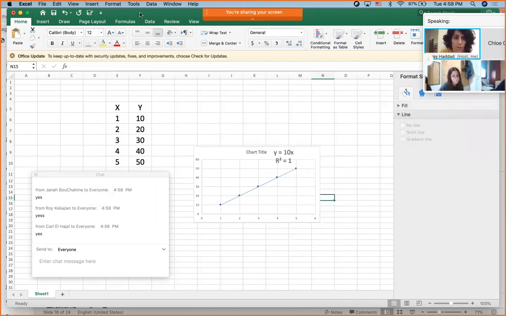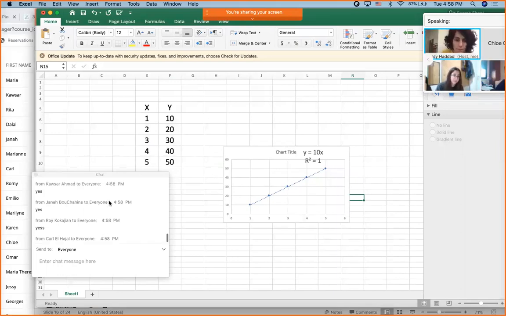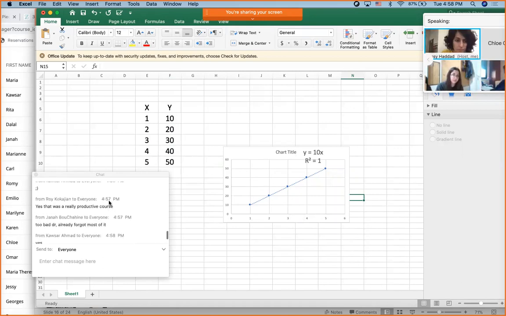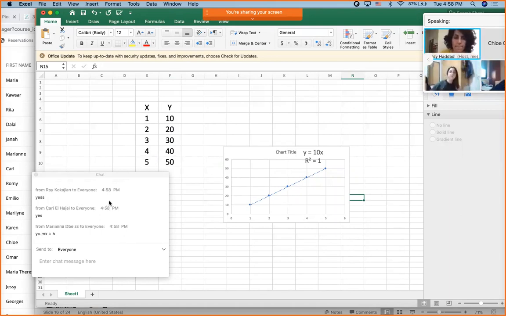So the equation of the line, probably I can ask Marianne. Marianne, what is the equation of the line? Or what is the slope? Marianne is here? No? Jana? All right, yes. Can you look at the example I did? What is the slope in our case? 10x plus 0.